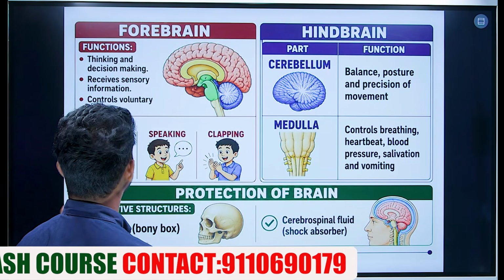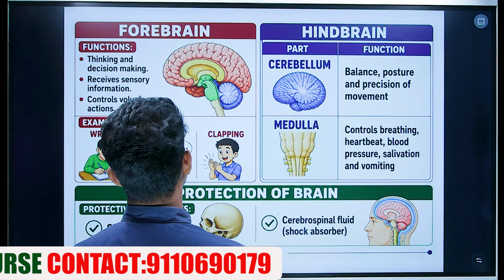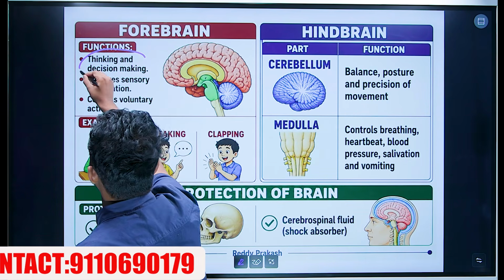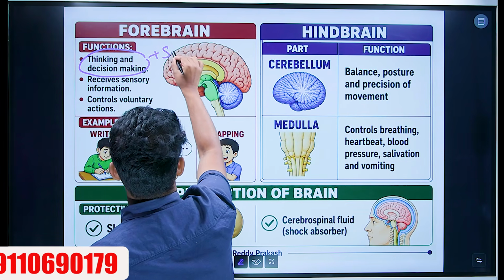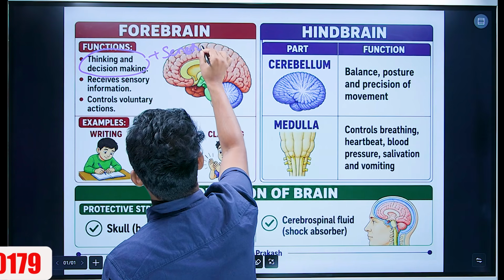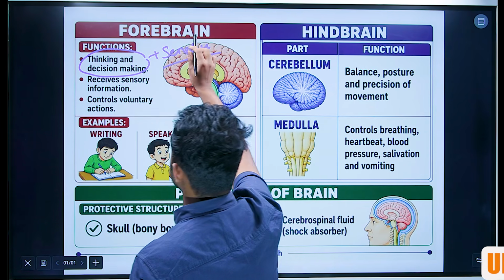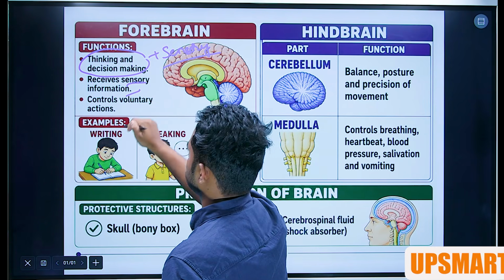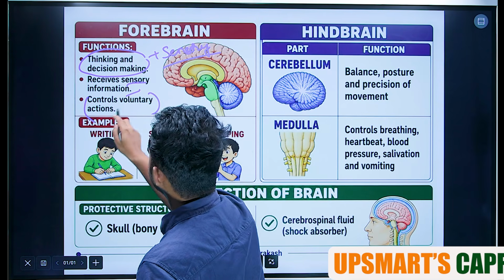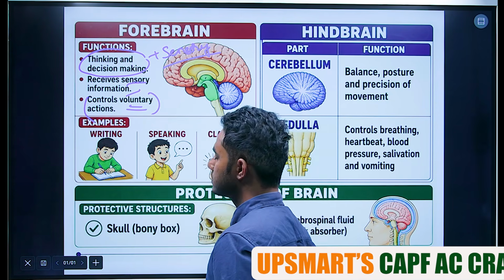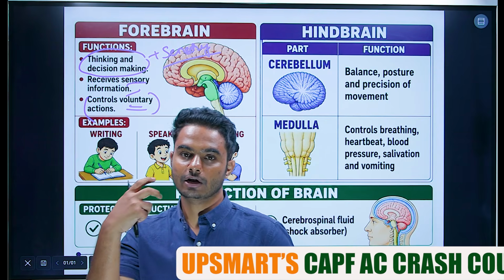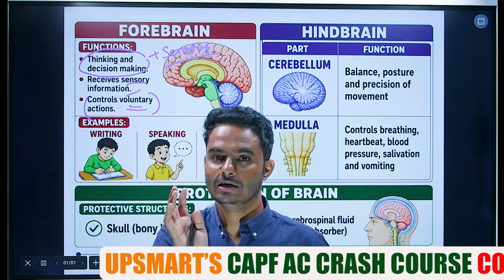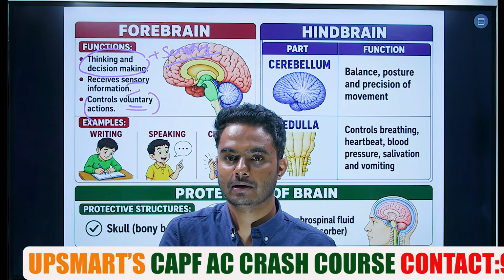Now, the functions of the forebrain, I told you. It helps in thinking and decision making, plus it receives sensory information from the receptor cells. The forebrain usually controls voluntary actions, while the hindbrain and midbrain control involuntary actions.